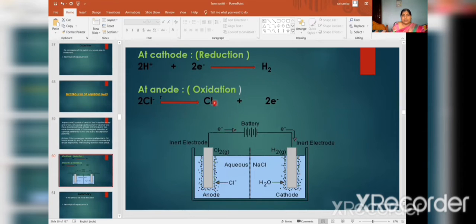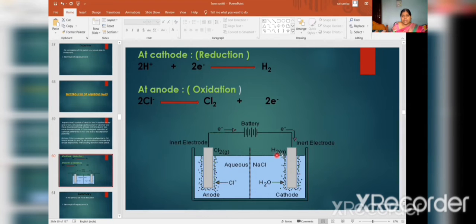At the anode, Cl minus and OH minus ions are going, but Cl minus ions undergo oxidation and form chlorine gas. So if you see here, the reduction reaction, and the chlorine reaction, I already told. Whatever Na plus and OH minus ions are present in the solution, they will form sodium hydroxide as a byproduct.